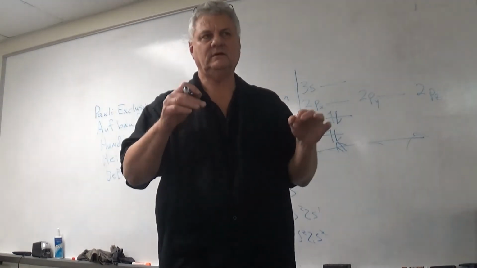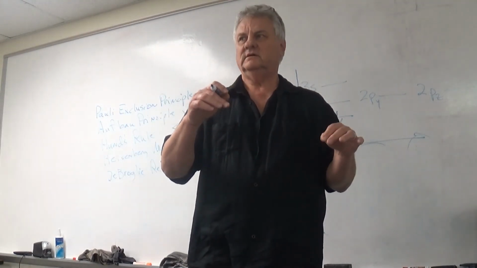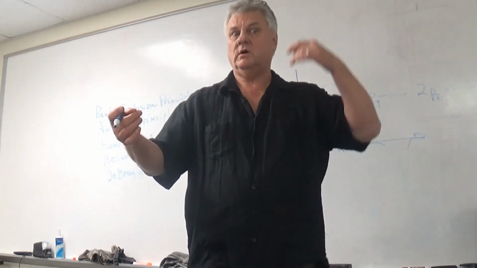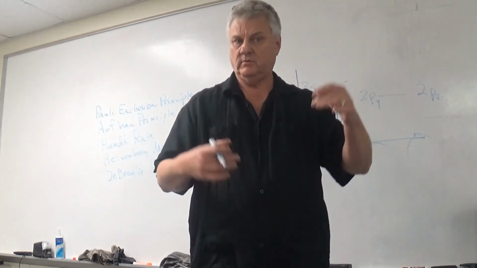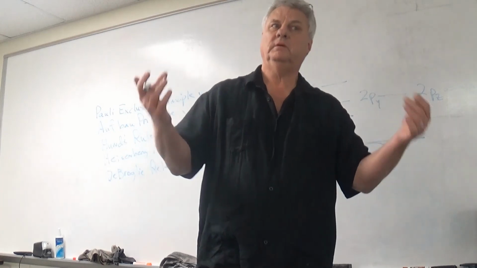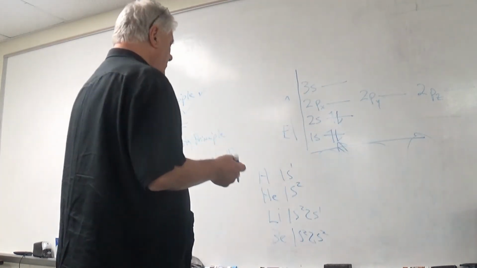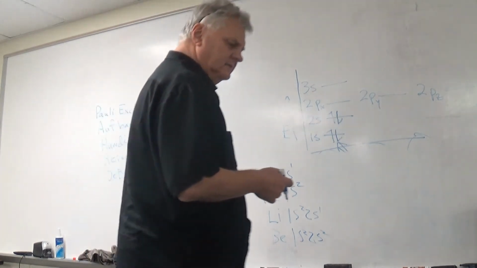Don't forget that electrons have negative charges, and so they repel each other. So you want to put 1 electron in each of these 3 p orbitals first before you pair them. Okay? And you can't see that yet.